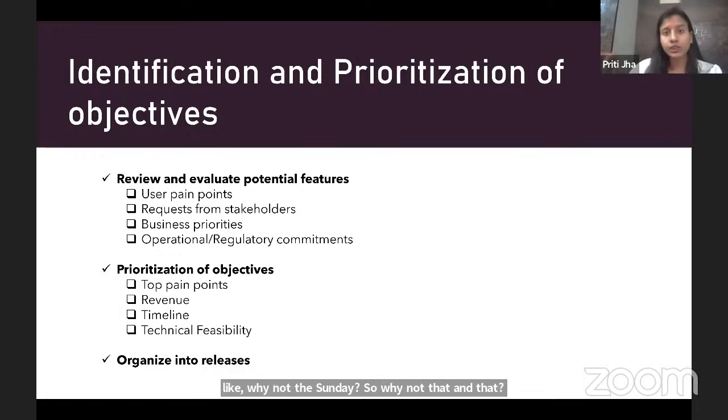And that also becomes an important source for us as PMs to get feedback about the product and see how the market is perceiving our product. The next can be business priorities.